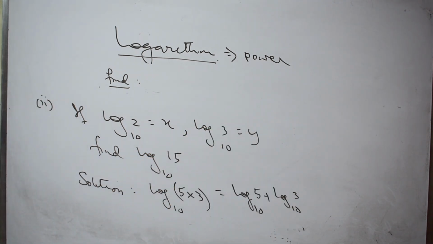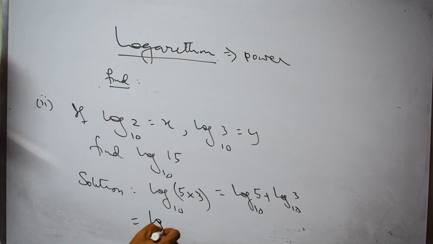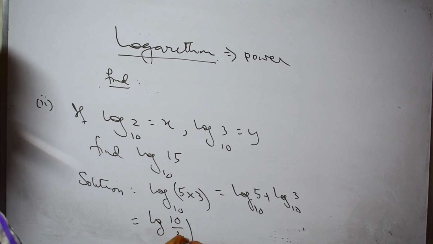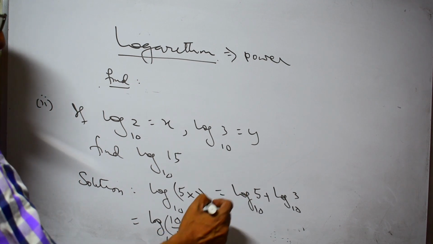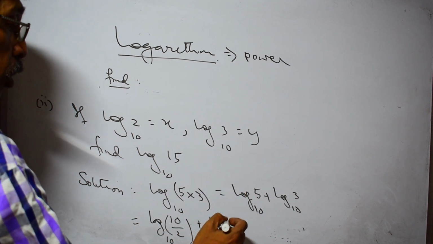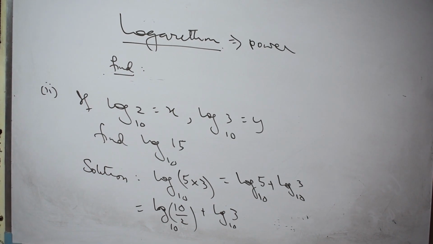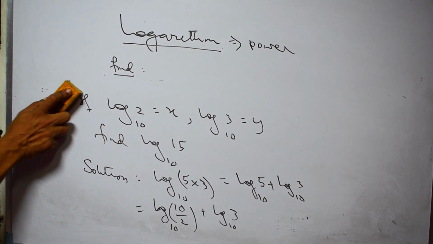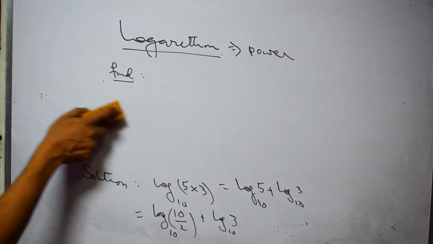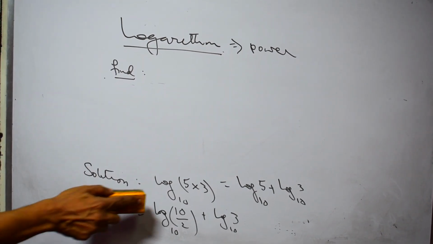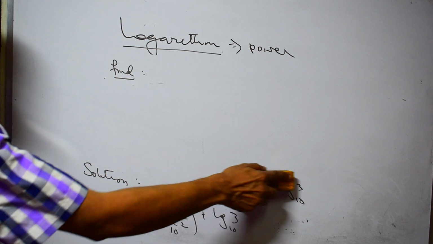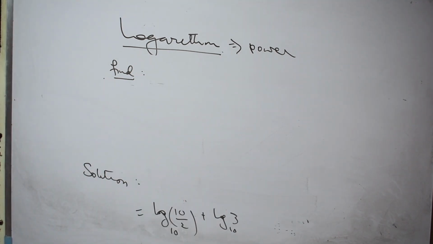But what about 5? Yes, we can write 5 as 10 by 2. So we write log 10 by 2 plus log 3 to the base 10. Now log 10 by 2 is of the form log a by b, which simplifies to log a minus log b.